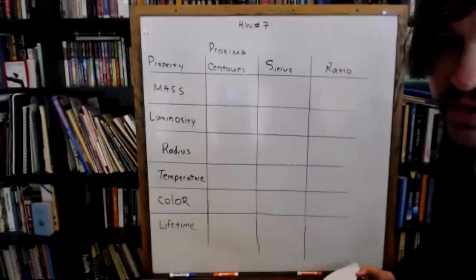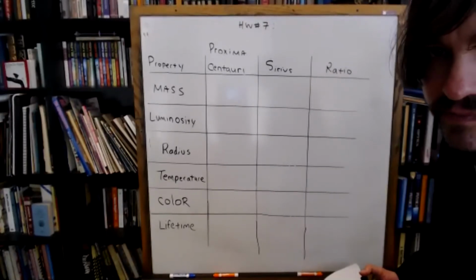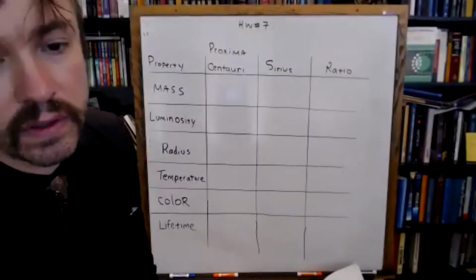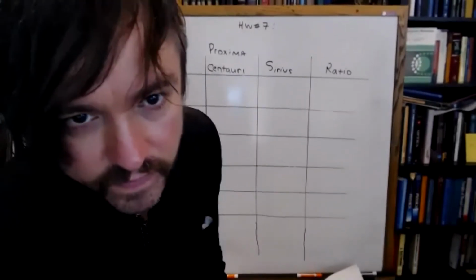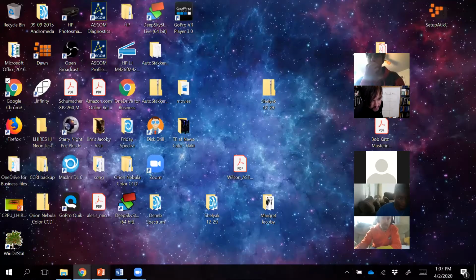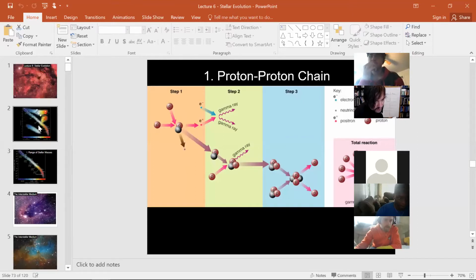Hey, are you guys good with this chart? Hope, are you still working? Hope's good. Almost done. All right, I'm going to show the diagram now. Share screen. Just a moment here. Let's find ourselves an HR diagram. Here we go.